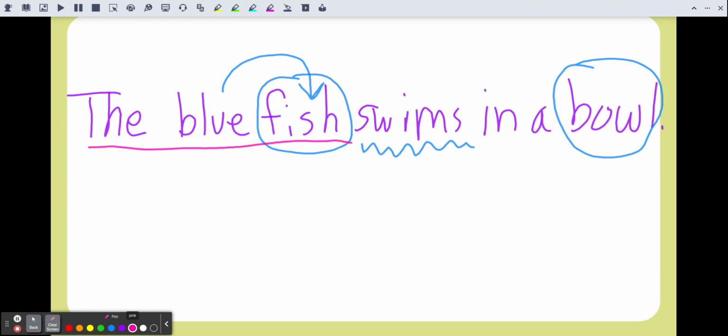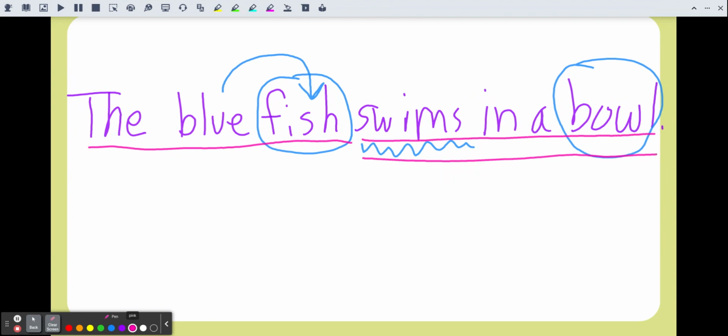Let's identify the predicate. What does the subject do? Right, the subject swims in a bowl. So I'm going to put two lines under it. That is our predicate. Remember, see how this predicate contains the verb swims, because every predicate must have a verb.